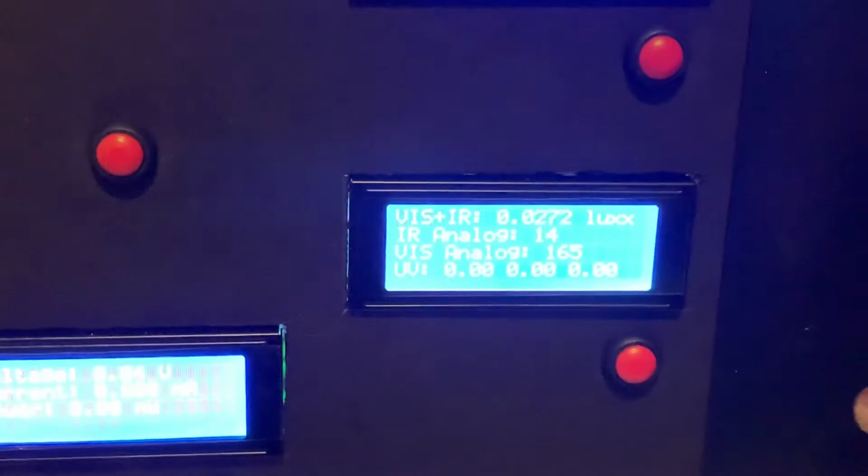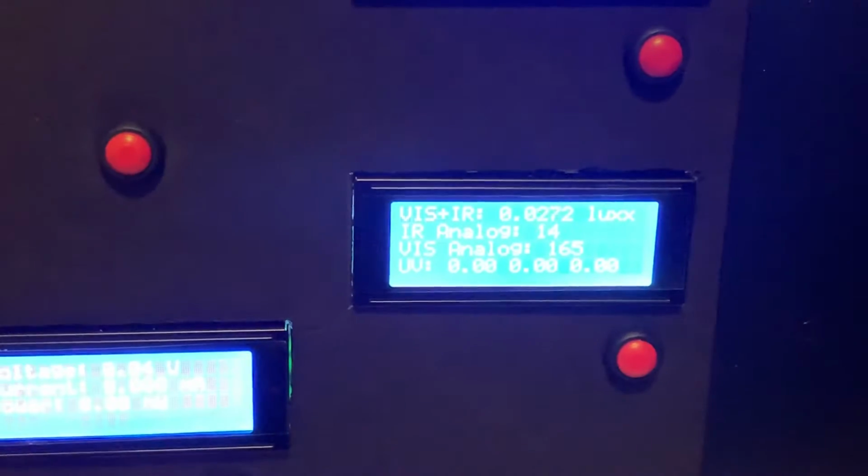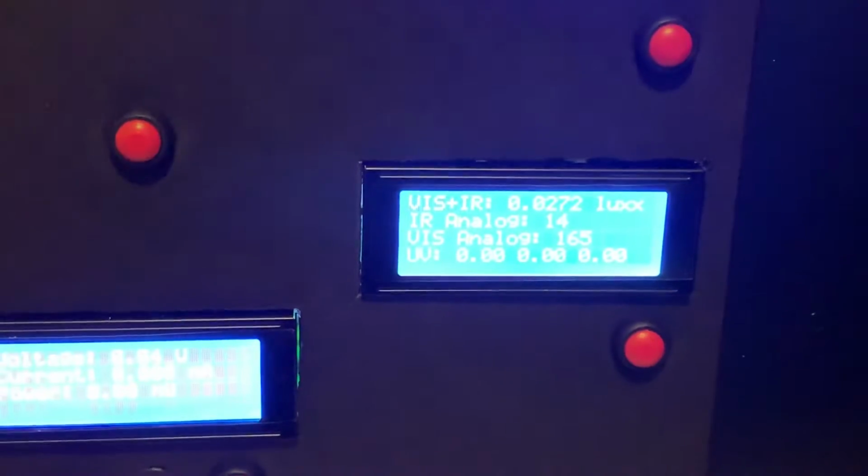I can get my IR and visible analog values so I can determine which percentage roughly of that total lux is attributed to IR or to the visible spectrum. Right down here at the very bottom, I have my ultraviolet spectrum in A and B, and then you can even get a UV index. Good thing these are all 0 because we're inside. That would make sense, unless we'll be getting a really good suntan.